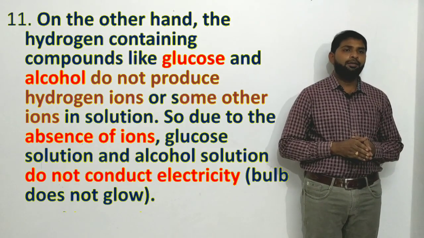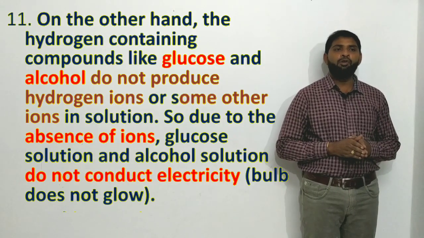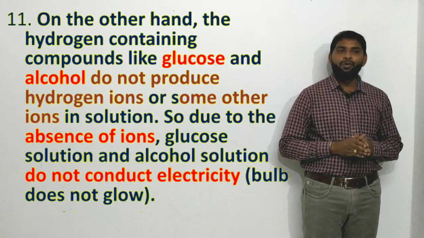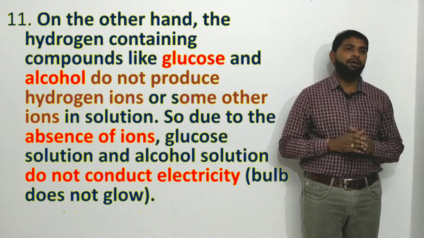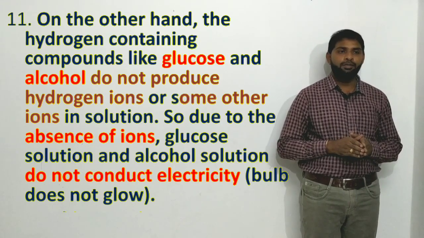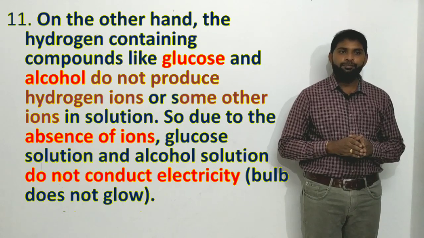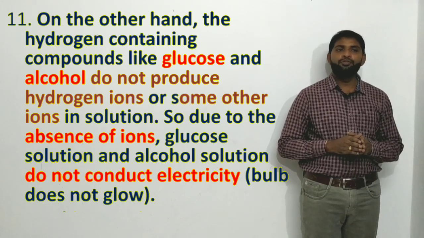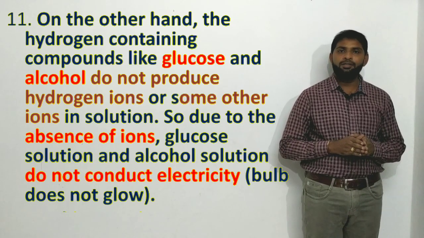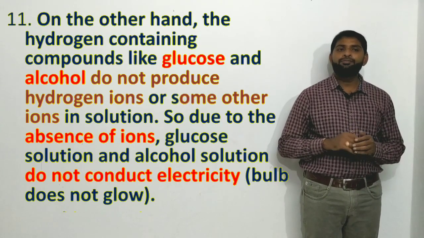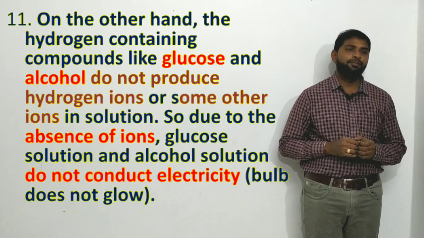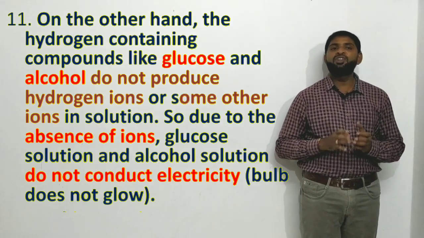On the other hand, hydrogen containing compounds like glucose and alcohol do not produce hydrogen ions or any other ions in solution. So, due to the absence of ions, glucose solution and alcohol solution do not conduct electricity. That means the bulb does not glow.